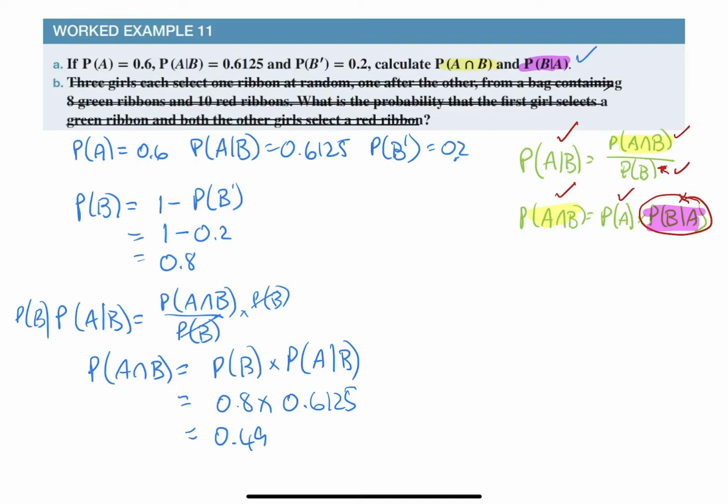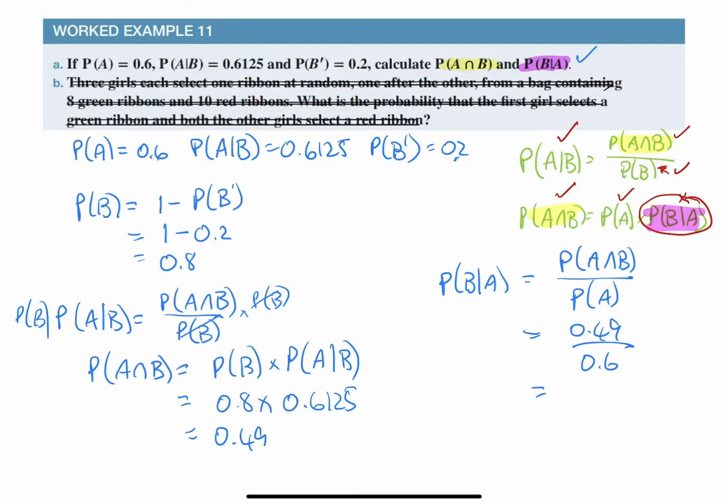For the probability of B given A, I divide both sides by the probability of A. So it's the probability of A and B divided by the probability of A. The probability of A and B we just calculated was 0.49, divided by the probability of A, which they gave us at the start, 0.6.